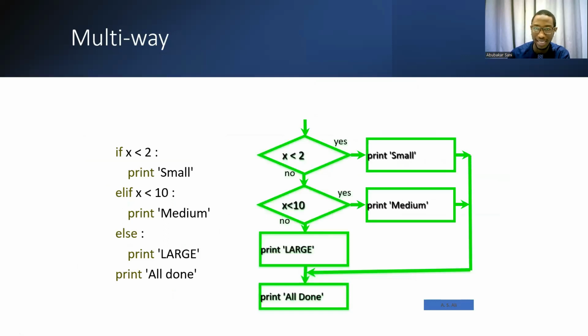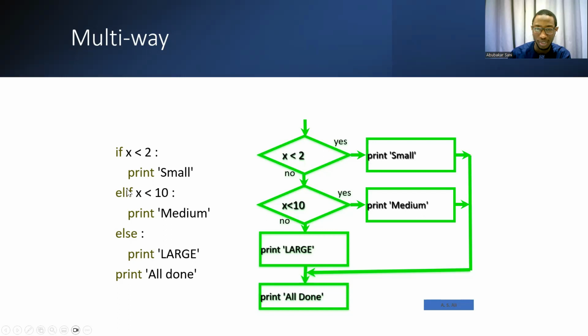Another one is called multi-way, not just an if else statement. Let's say there are several conditions. For example, if x is less than 2, we print small. Else if x is between 2 and 10, we print medium. And anything outside these two ranges is just large, otherwise large. So this is multi-way.